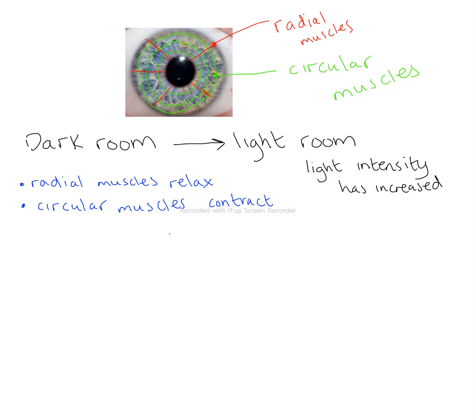And what that does is that has the effect of making the pupil smaller. Or we say the pupil, and this is a better word to use, the pupil constricts, gets smaller.